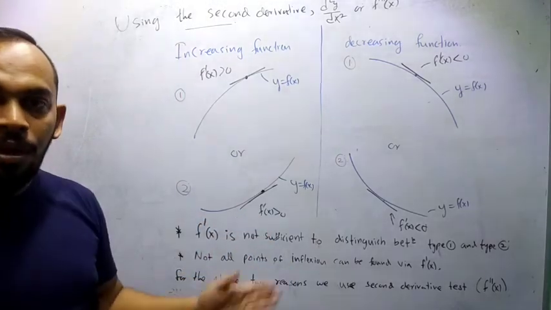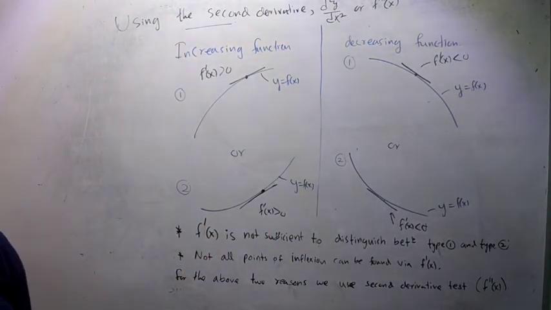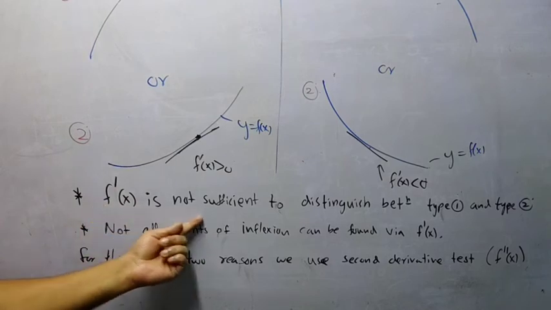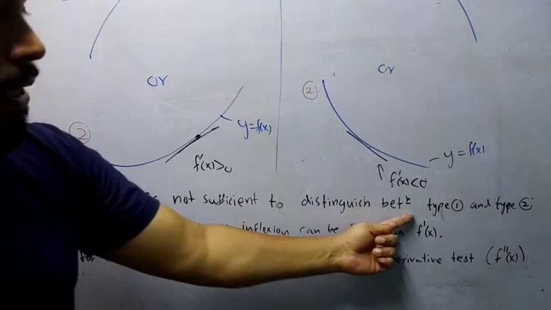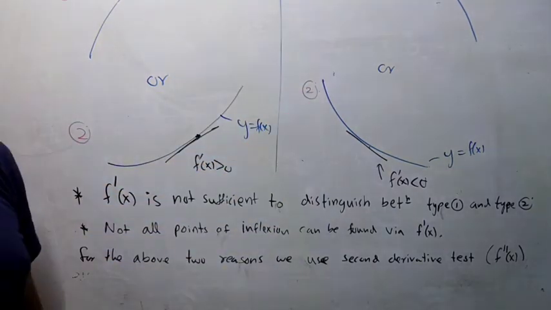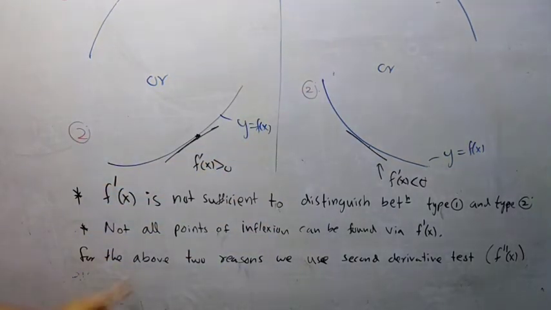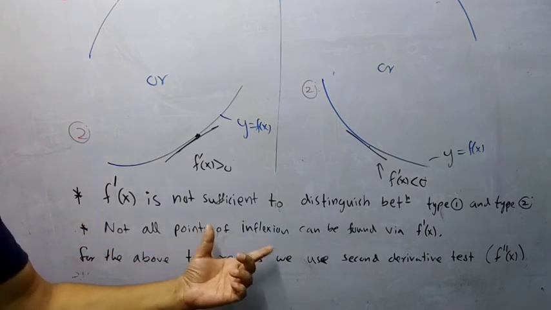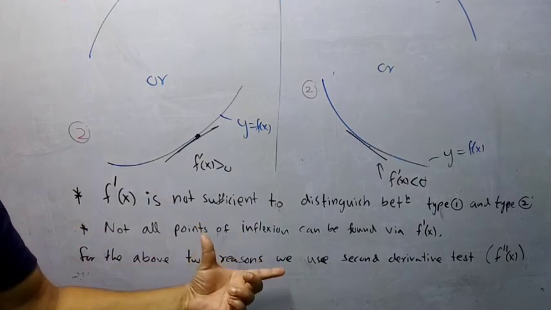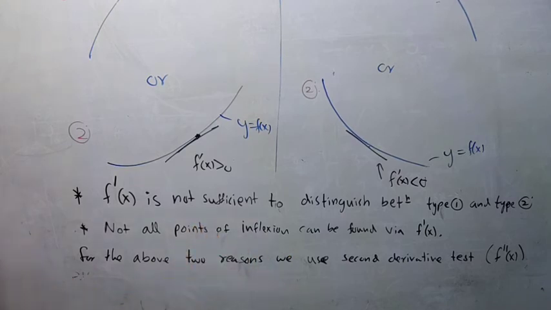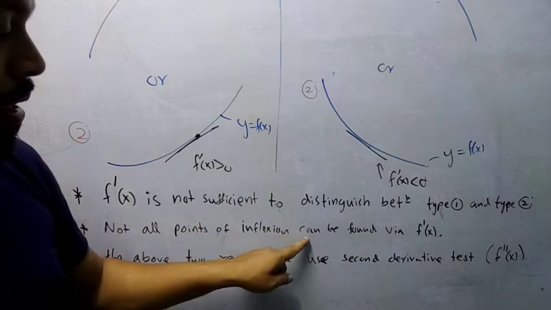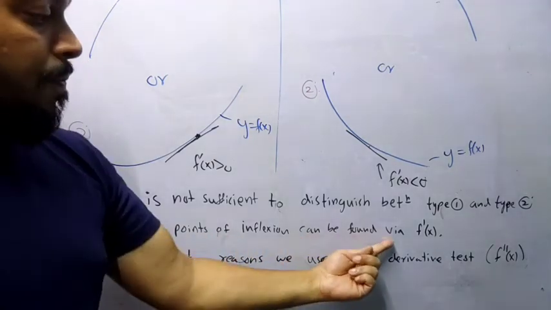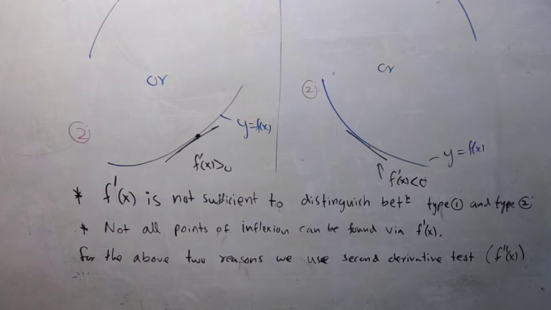Right, so this is a summary of what I just mentioned. f prime of x, the first derivative, is not sufficient to distinguish between type 1 and type 2, right? And not all points of inflection, we will define what a point of inflection is clearly later, can be found via f prime of x.